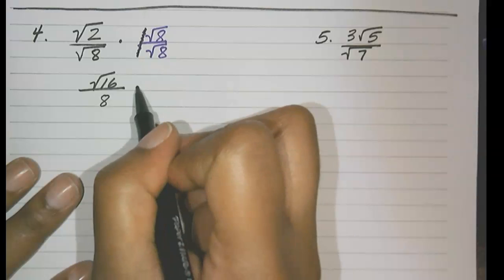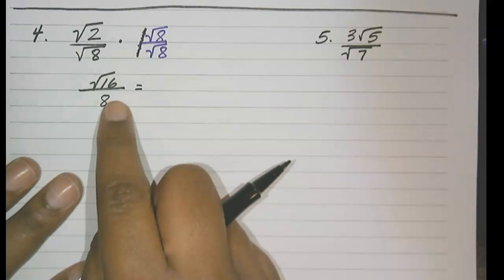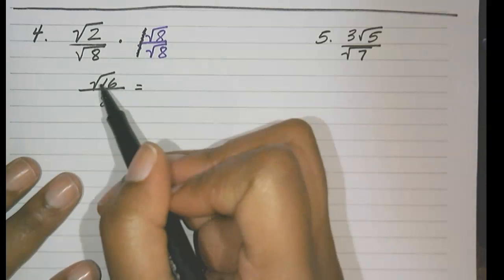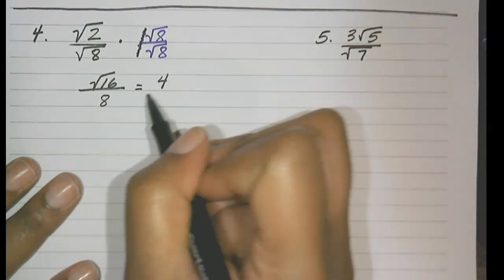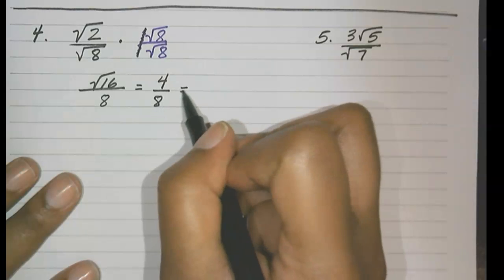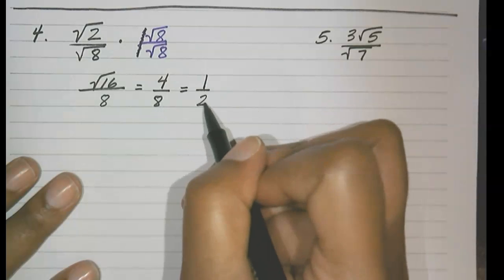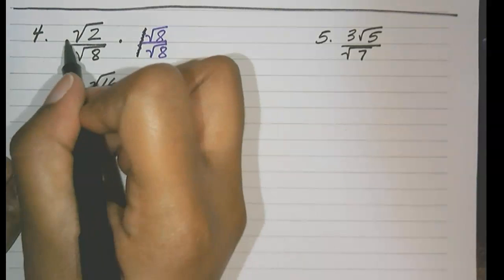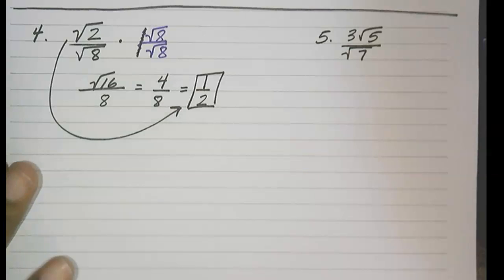Okay, so now we got something else that can be further simplified. And this is why I said early on, you got to know your timetables. All right, the square root of 16 is 4, so this can be rewritten as 4 over 8, and I hope you already see it. This is equivalent to a half. That is my final answer. Okay, that is that expression simplified as far as it can go. I can make it 0.5 or 5/10, but it's not needed.